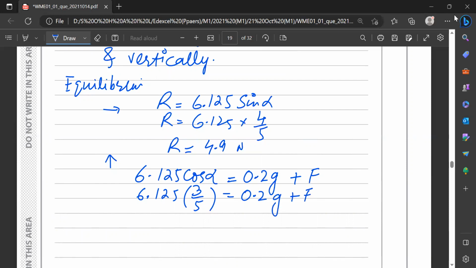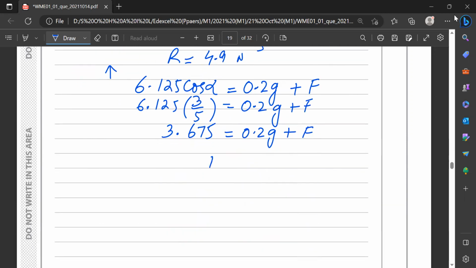I can simplify and get the answer for this: 6.125 multiplied by 0.6. So the left hand side is 3.675, equal to 0.2 g plus F. Minus 0.2 into 9.8, which is 1.96.